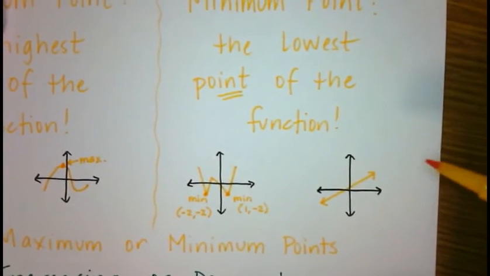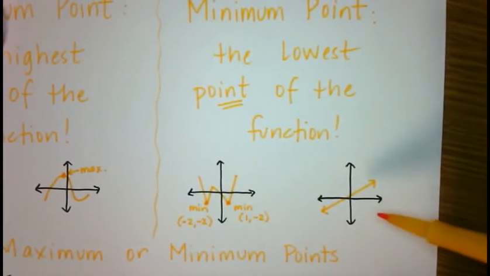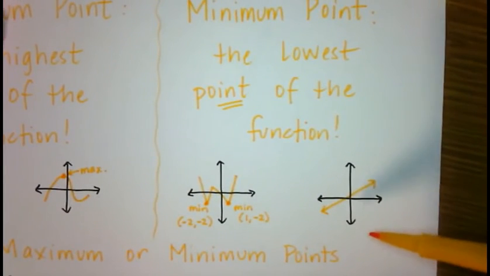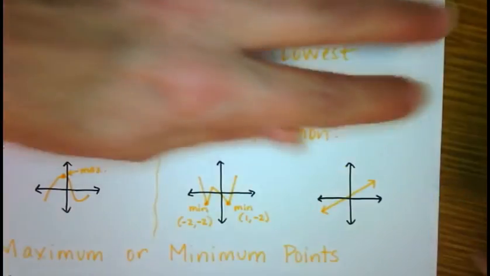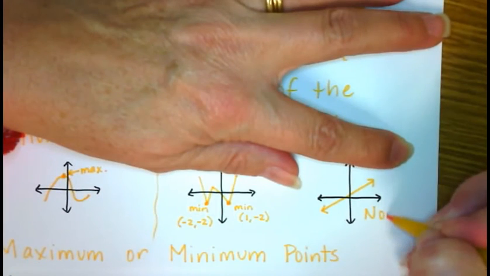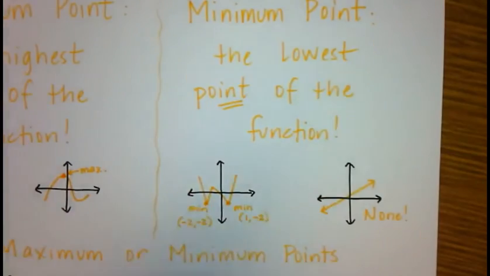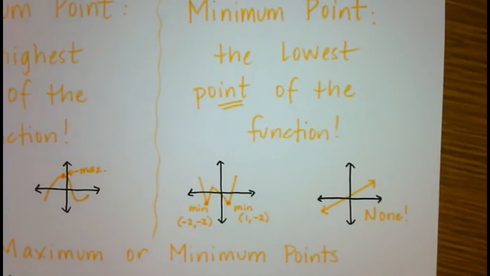No. And for the minimum point, is there a lowest point on the line? And the answer would be no. So it's possible to have none, to not have a maximum or a minimum point on the graph. All right, I think that is going to cover it for now. We will get together tomorrow in class and complete the rest.